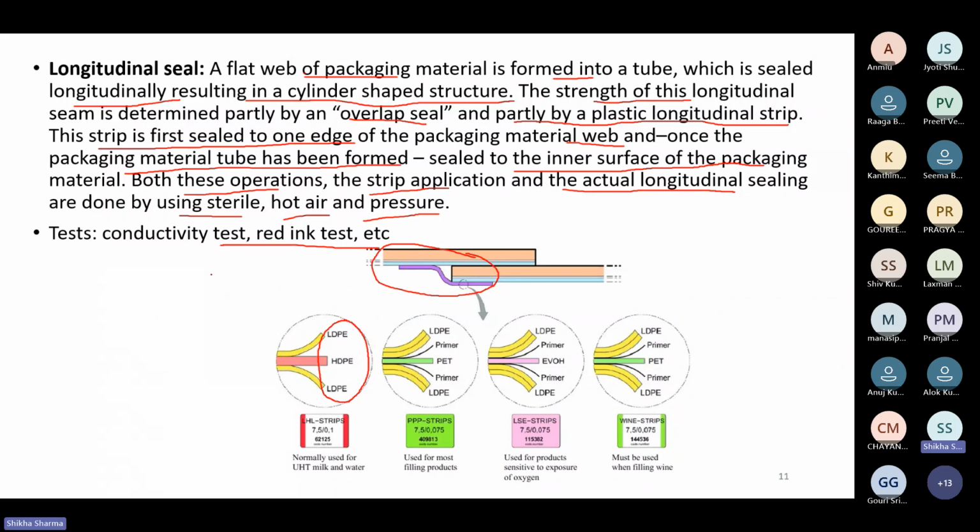If there is some kind of leakage in the seal, or the longitudinal seal is not properly formed, then the red ink will go into that part, and when you open it, you can see spots of red ink like this.